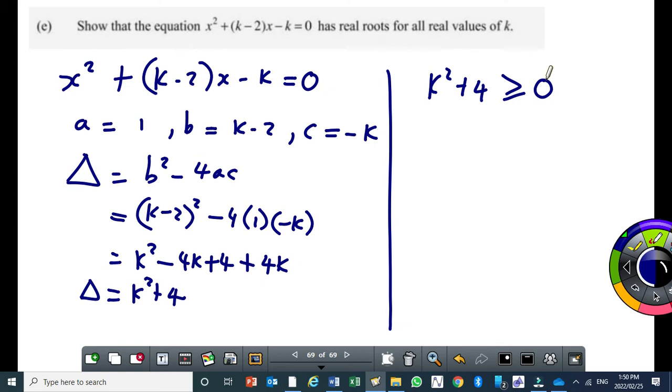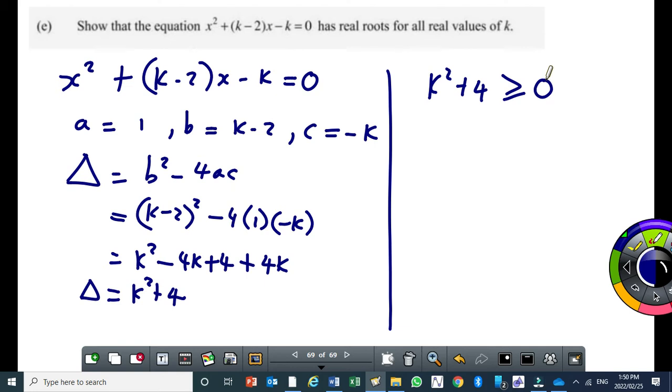You remember when I was completing the square, I found half of the coefficient of the middle term. Now, do we have a trinomial here? No, we have got a binomial, so we only have the k squared term. Now, the k squared term will always be positive for any value of k.